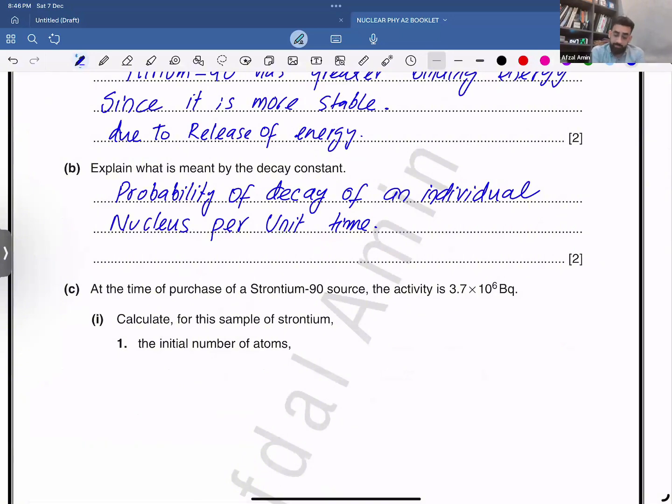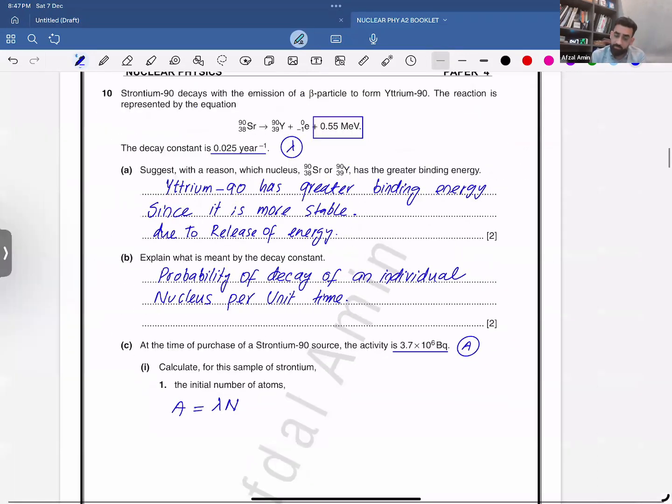At the time of purchase, strontium 90 source activity is this many becquerels. Calculate for this sample the initial number of atoms. Easy. Number of atoms and activity are related with A equals lambda N. So do we have lambda?